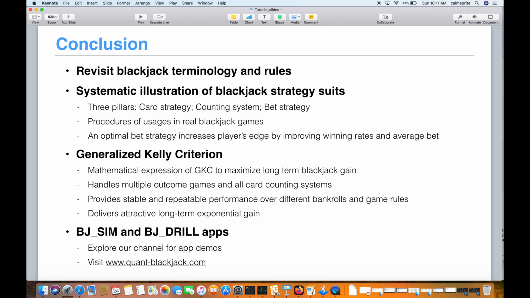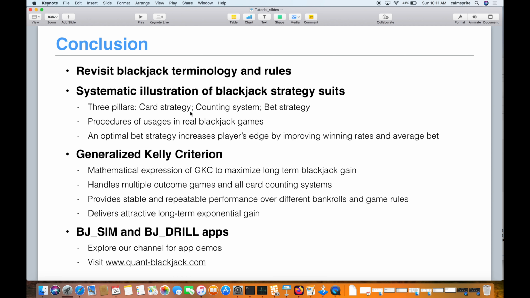In this series of presentations, we proceeded step by step. First, we revisited blackjack terminology and rules to ensure we aligned on the basics. Our focus was on the main blackjack bet, which offers a higher player edge compared with side bets. Next, we walked through a systematic illustration of blackjack strategy suites. These are structured collections of strategies tailored to different playing styles and game conditions.